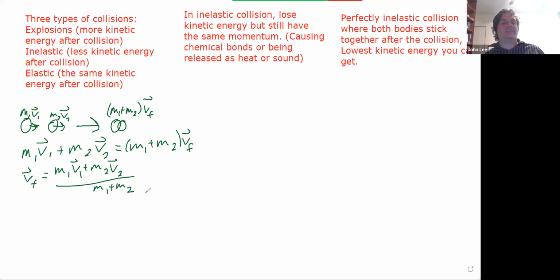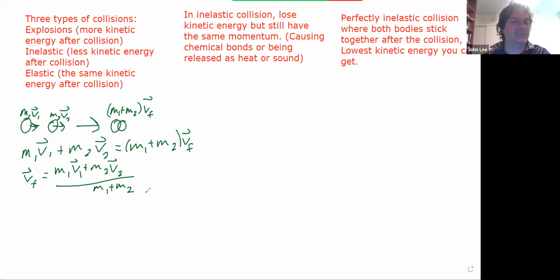So if V1 is pointing in the opposite direction as V2, then it's going to have less V final than if they're both pointing in the same direction. And then one can be pointing in the opposite direction of the other and be going significantly faster.